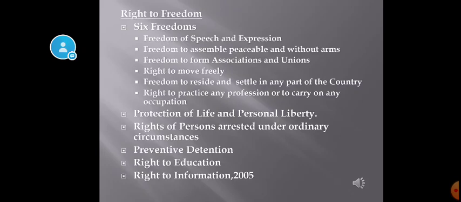It also reserves 25% of the seats for weaker sections of society, even in private and minority schools. Any expenditure that prevents a child from going to school will be borne both by the center and the state. So in these terms, we have learned about this right to freedom.